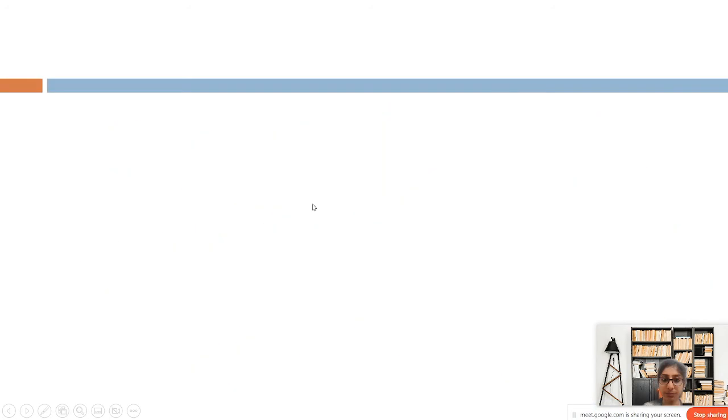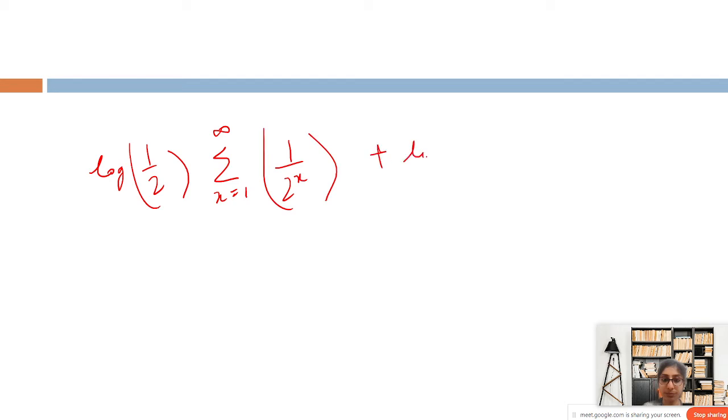What does this become? From the previous slide, log of 1 by 2 sigma x equals to 1 till infinity, what was the term inside? 1 upon 2 to the power x. And what is the second term? Log of 3 by 2 sigma x equals to 1 till infinity x upon 2 to the power x.